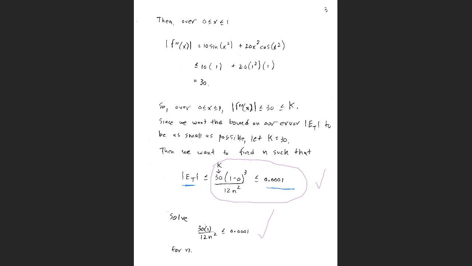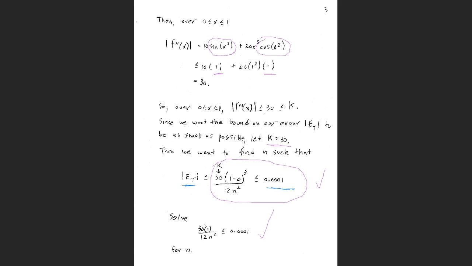But it doesn't work for this problem, because if it did, we would have just substituted x equals 1 in the second derivative and used that for K. But what WebAssign wants is for you to say, sines and cosines are never more than 1, so replace them with 1s, and then you get K equals 30.